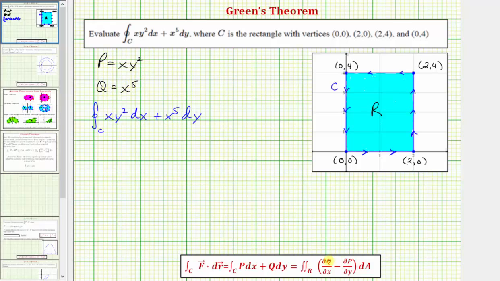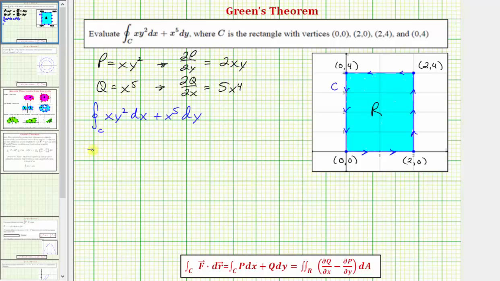So now let's find the partial of Q with respect to x and the partial of P with respect to y. So the partial of Q with respect to x is equal to the derivative of x to the fifth with respect to x, which would be 5x to the fourth. And the partial of P with respect to y is equal to the derivative of xy squared with respect to y, which would be 2xy.